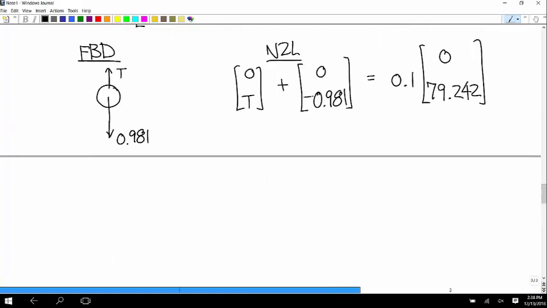The x equation doesn't give anything, but the y equation says T minus 0.981 is equal to 0.1 times 79.242, so 7.9242. And so T is equal to 7.9242 plus 0.981. That's too hard for me.